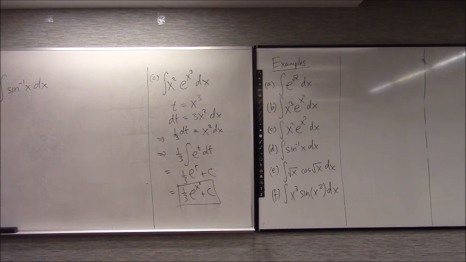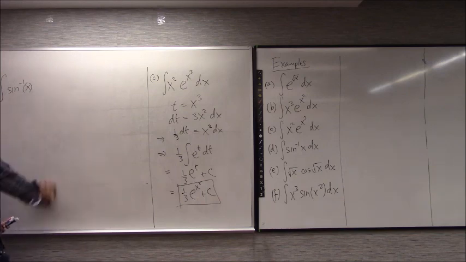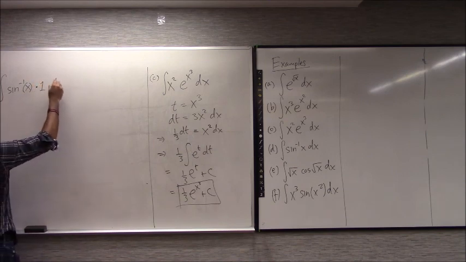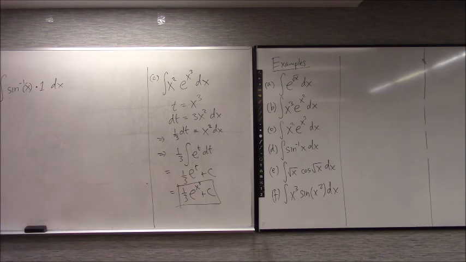Can we do the tabular, the new one that we learned? Sure. You'd have to know what pieces you're going to choose, though. What are the pieces? Sine inverse is u and x is v. Well, there is no x, right? It's sine inverse of x. This x is inside the sine inverse. Yeah, sine inverse of x is u and then 1 is v. So you want to think of this as there's a 1 here, dx. Okay?